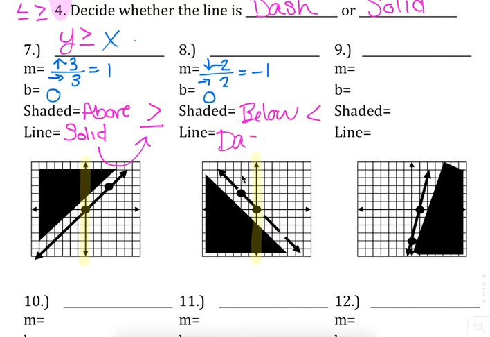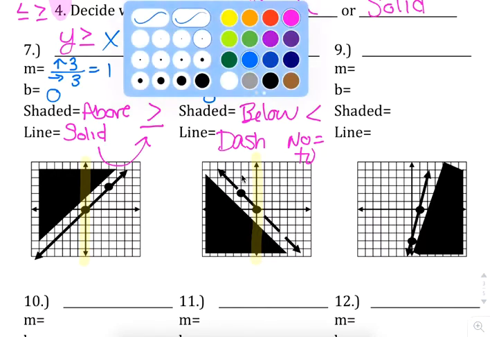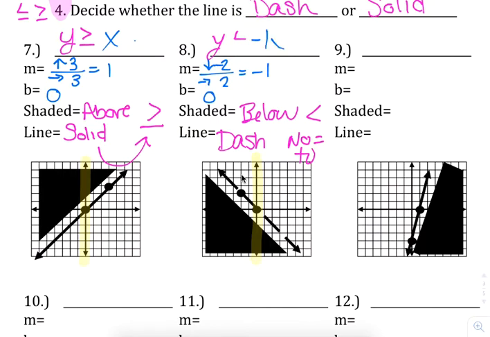And this time, with it being dashed, remember that there is no equal to. It's only a plain less than. So our equation starts out, y is less than. Remember, we have negative 1x plus 0, but I do not want the 0, and I do not want the 1, only the negative. Y is less than negative x.